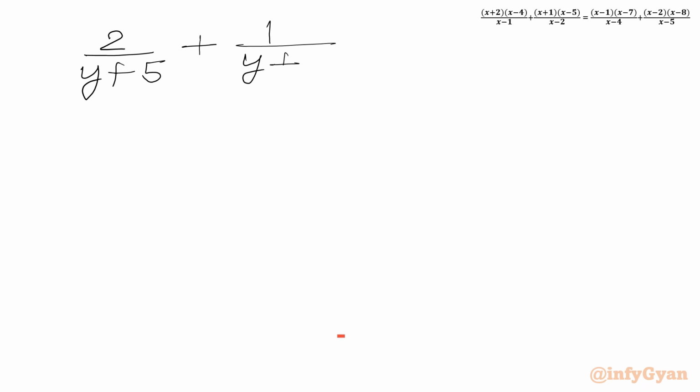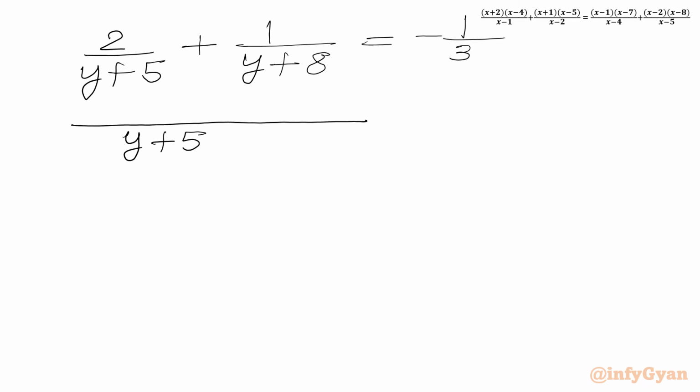So I will write 2 over y plus 5 plus 1 over y plus 8 equal to minus 1 over 3. We will take LCM over here. We will get y plus 5 times y plus 8.